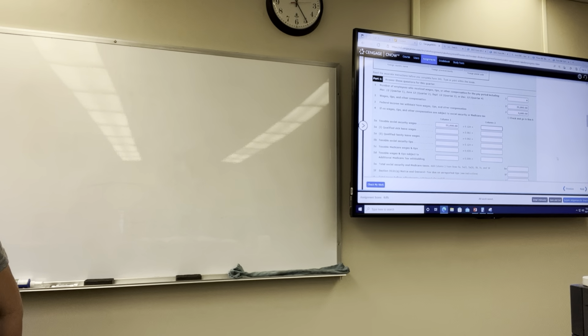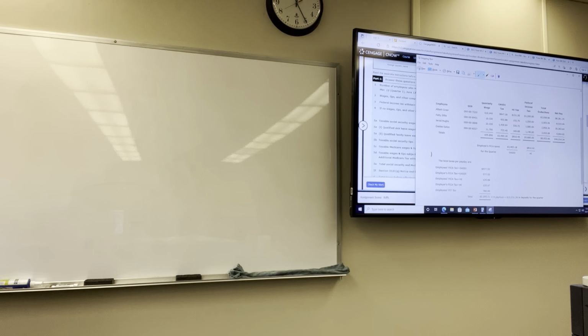Now what? This is a point at which you get out your calculator. $69.30.36. Be careful, don't use these amounts up here. Okay, we have to do the calculation again with the total amount of wages.